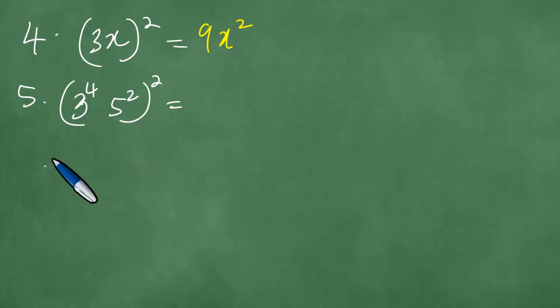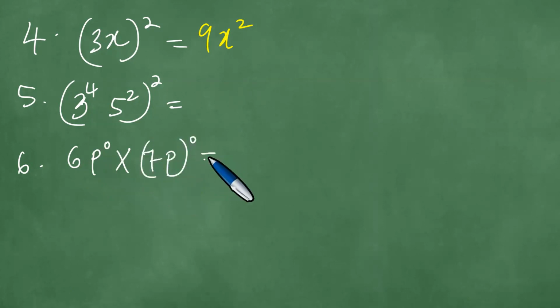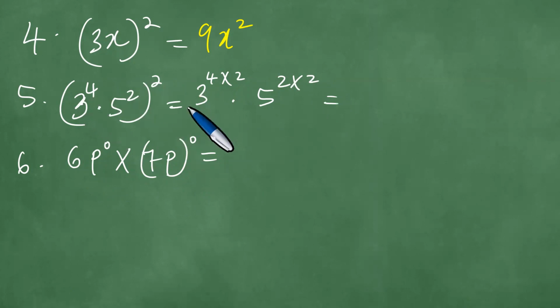Okay, here, what is the answer to number 5, Leander? 3 to the power of 6, 5 to the power of 4. So at this point, what you do is the 2 multiplies each of these. So the 2 multiplies the 2, and the 2 multiplies the 4. Okay, so what is the answer to this?